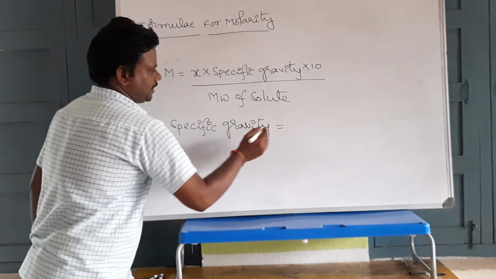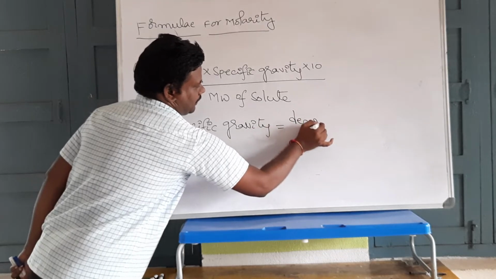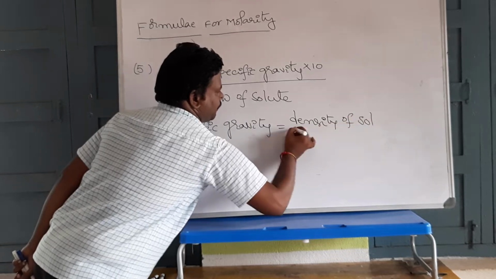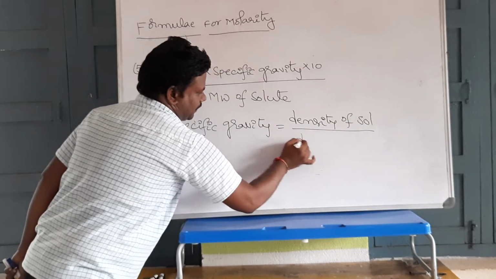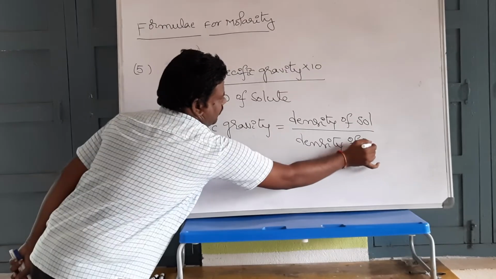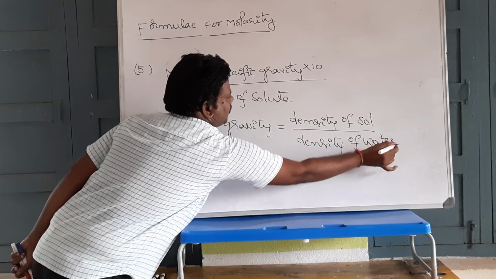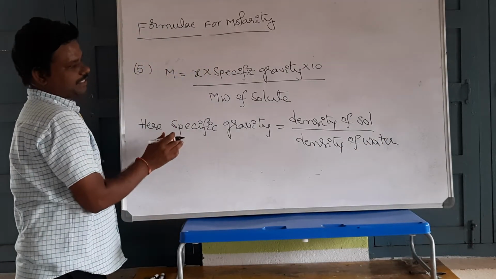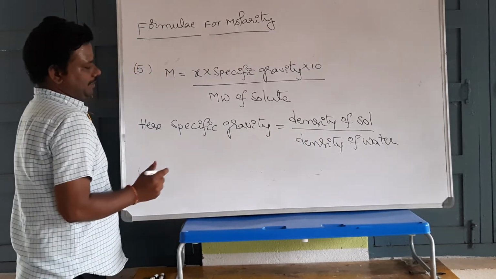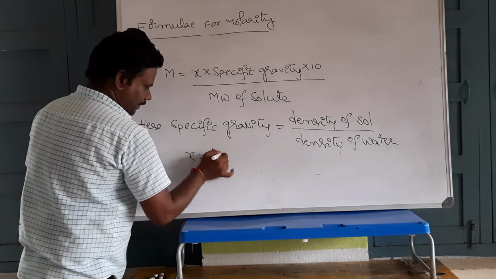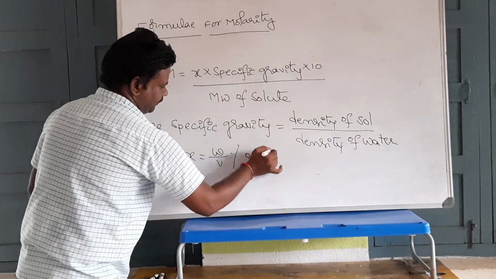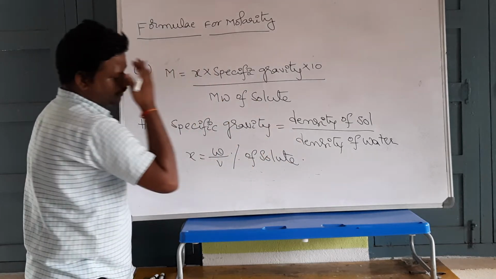So specific gravity is equal to density of solution by density of water. Once again listen, specific gravity is the ratio between the density of solution by density of water. X is the weight by volume percentage of solute.